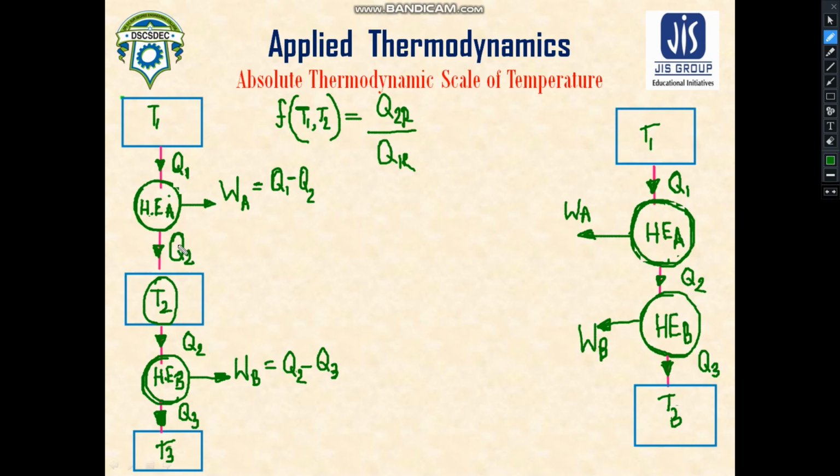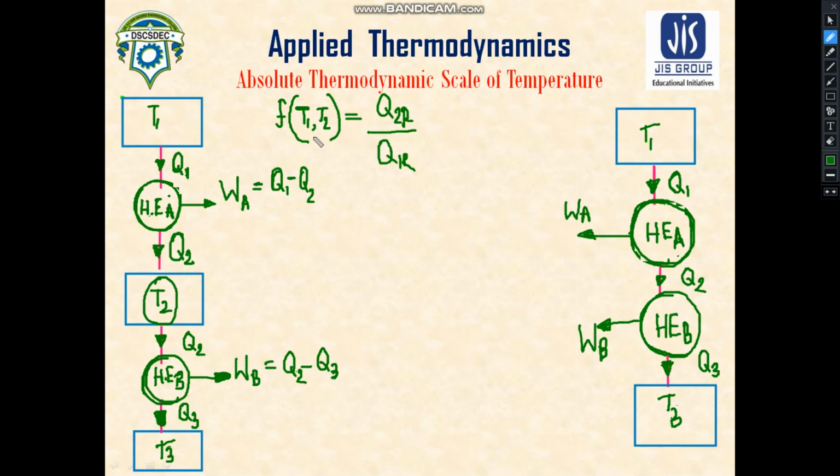So this heat Q2 is now common. That means it is the heat rejected by engine A, and it is the heat which is being received by heat engine B. And after receiving the heat Q2, heat engine B is now rejecting heat Q3 to a thermal energy reservoir which is maintained at temperature T3, and it is continuously producing work WB, which is equal to Q2 minus Q3.